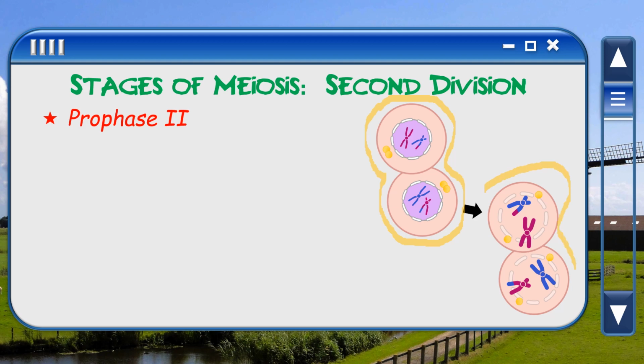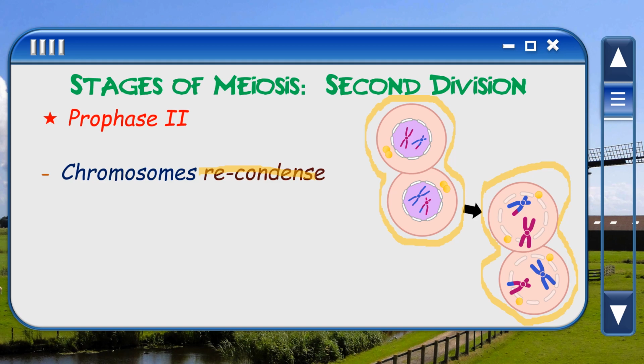In prophase 2, we are going to recondense the chromosomes. On the other side, they were decondensed, smaller and thinner. Now they are going to become thick, short and visible. We shall be able to see them.